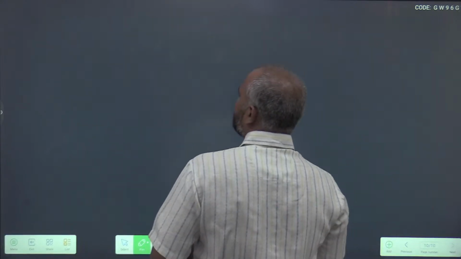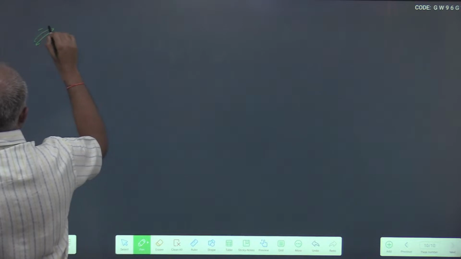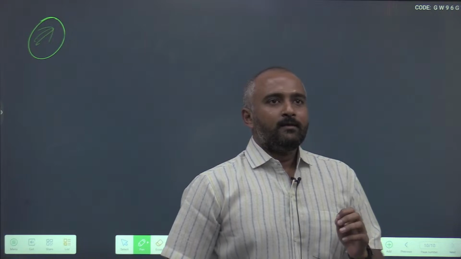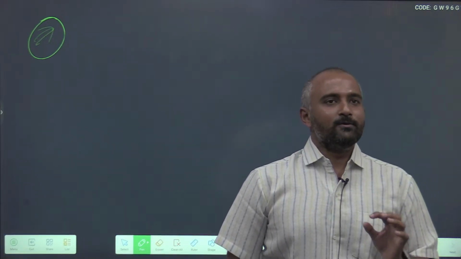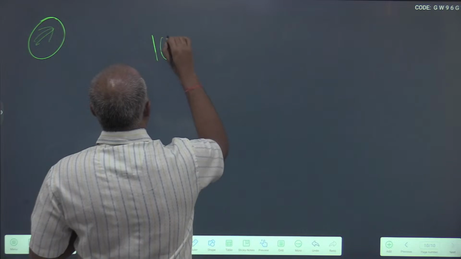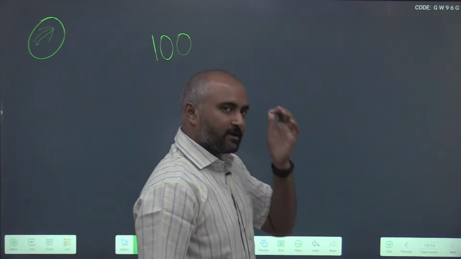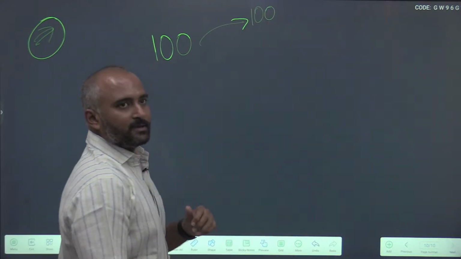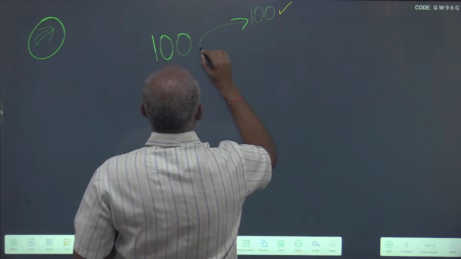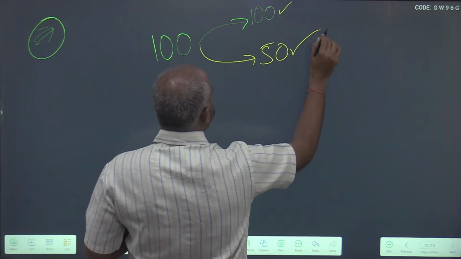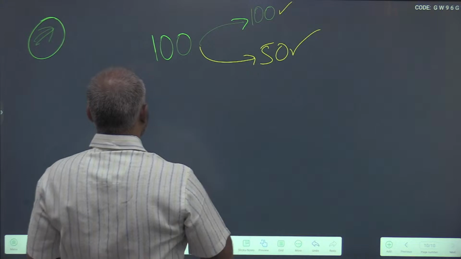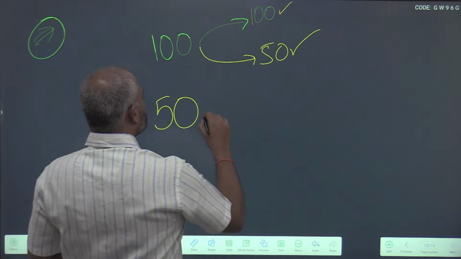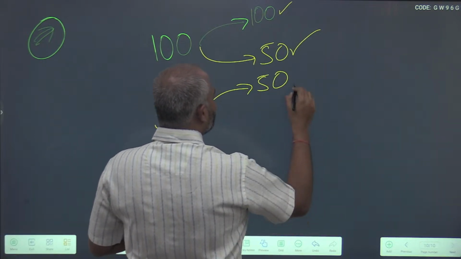Now I am going to give you a simple rule. Suppose I have 100 rupees. Can I give 100 rupees to someone? Yes. Can I give 50 rupees to someone? Yes. But if I have 50 rupees, can I give 50 rupees to someone?